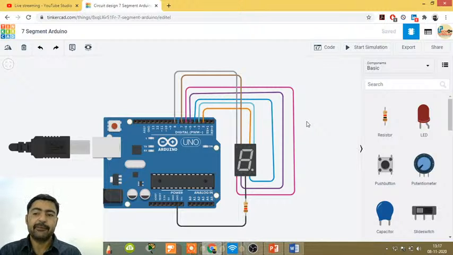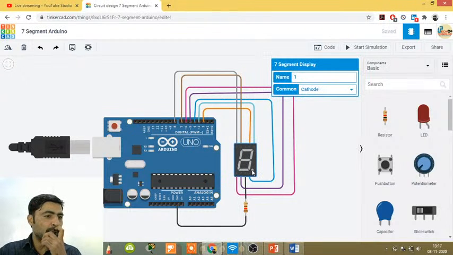Let's say we need 2 7-segment displays, and we have to display 2.2 or 2.5. In that case, we'll be using this dot. This is actually the decimal point. Are you getting it? So this dot is for indicating a decimal.